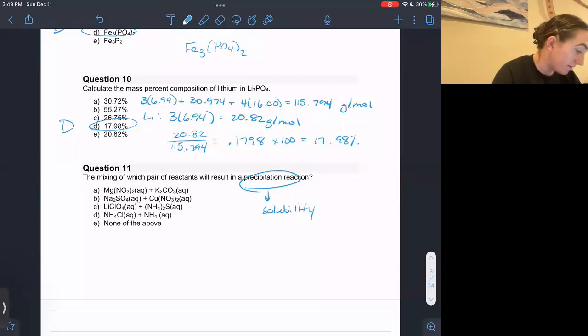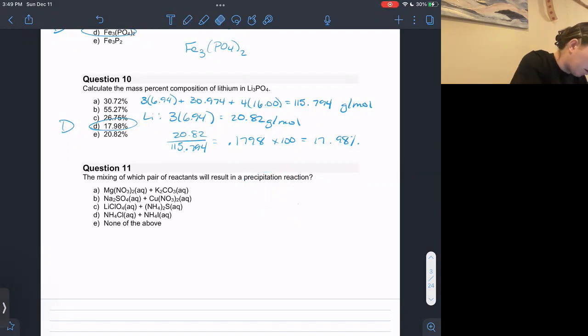Okay, so I also know that these are going to form products, so I'm going to write out my products. These would switch, maybe magnesium CO3 and NaNO3, NaNO3 and CuSO4.